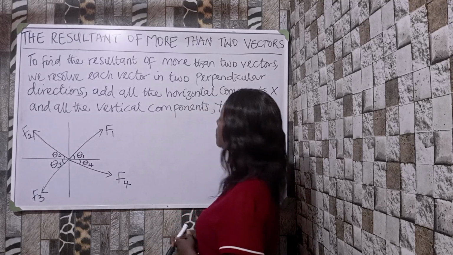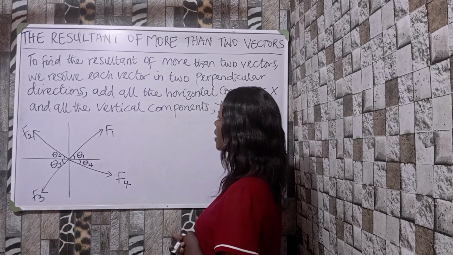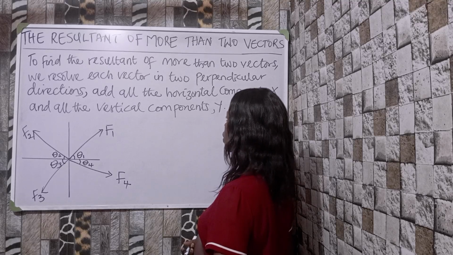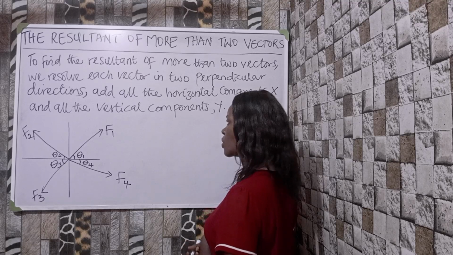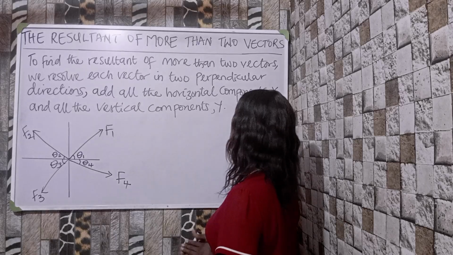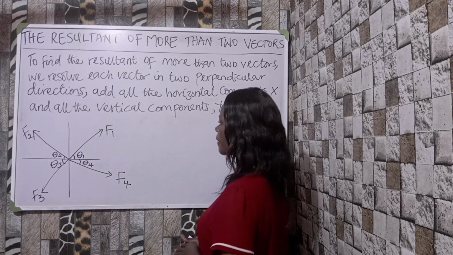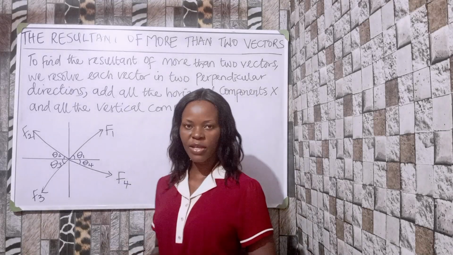Resultant of more than two vectors. To find the resultant of more than two vectors, we resolve each vector in two perpendicular directions. Add all the horizontal components x and all the vertical components y. So what is it trying to say?